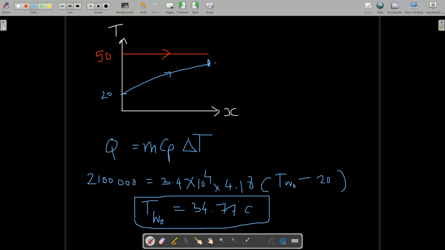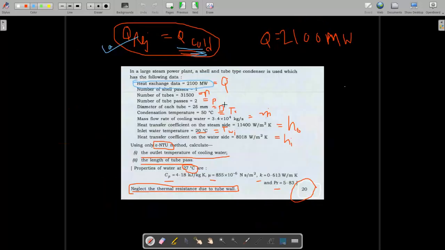So this temperature will become 34.77. Okay, so our first question is solved.